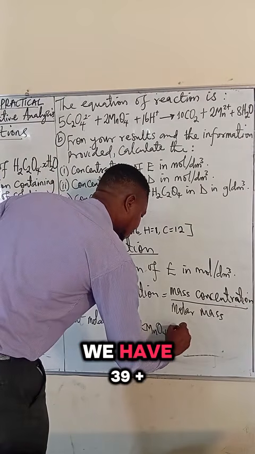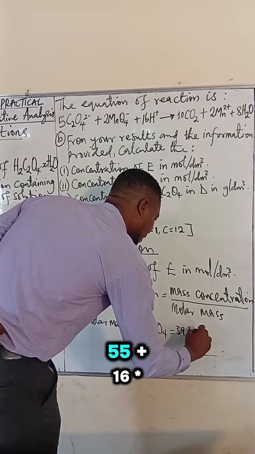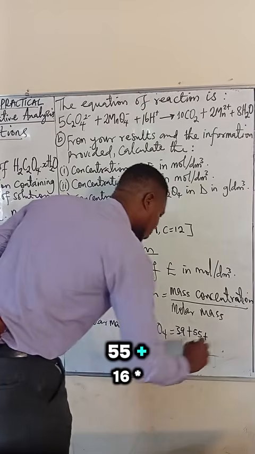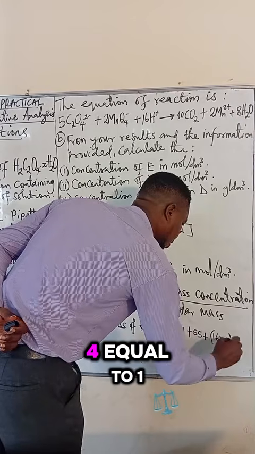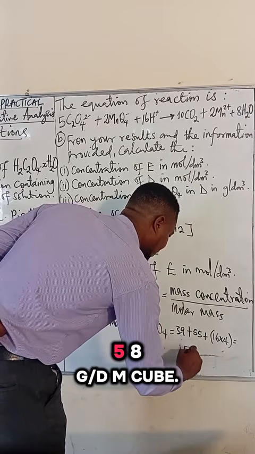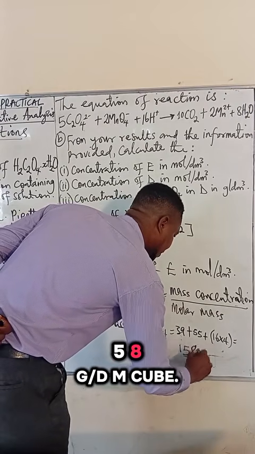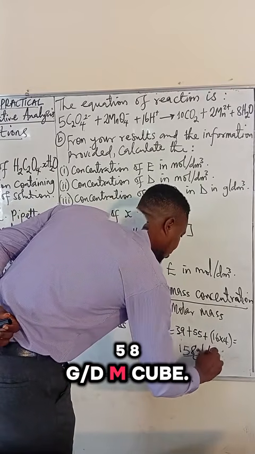We have 39 plus 55 plus 16 times 4 equal to 158 gram per mole.